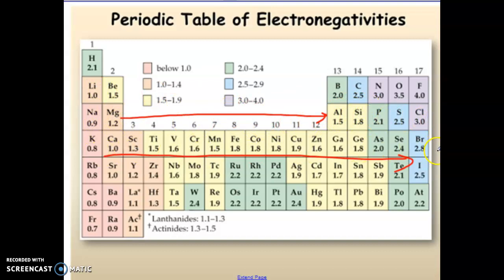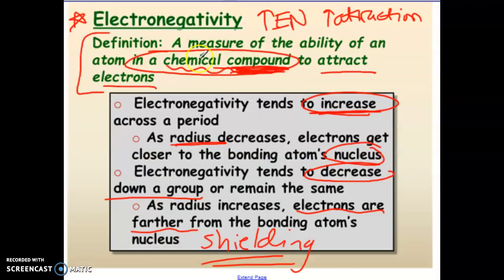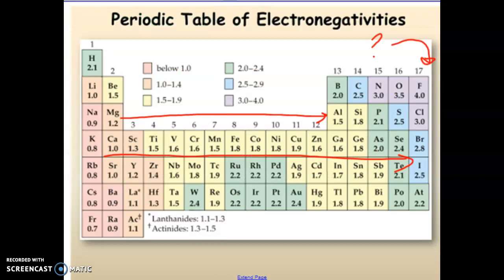Now notice the noble gases are not here. The reason for that is because, remember, this is a measurement in a compound. Noble gases do not make compounds because they're not able to make chemical bonds. They have a full valence shell.